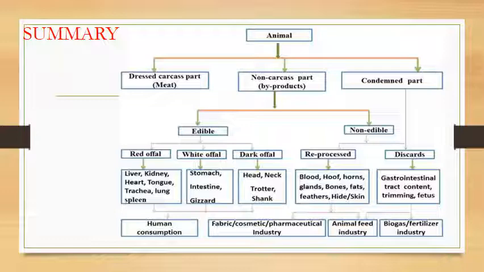Later I have discussed very briefly the use of different byproducts like blood, bone, hide and skin, or intestine, even at the beginning different edible byproducts, and later the utilization of different glands, hair, wool, etc. I hope this will be useful and easy for learning. Thank you for listening.